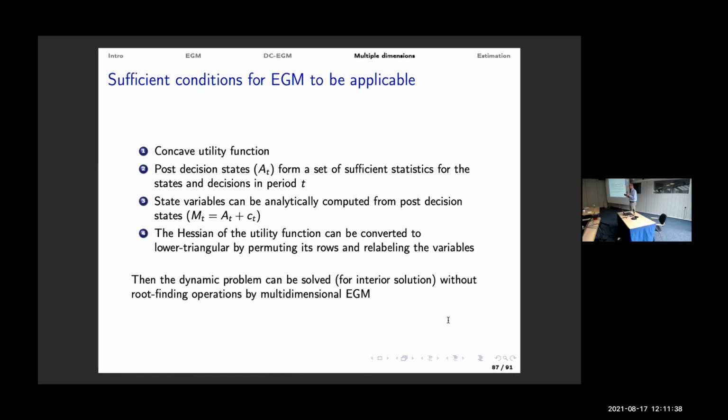If you have a combination of discrete and continuous choices, or maybe two continuous choices and one discrete, you should always try to see whether there is a generalization that applies to your case, or maybe think of a new one, because this space is not really mapped. There is no clear understanding of which models can be solved and which cannot.